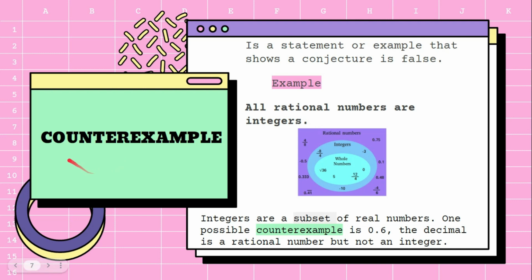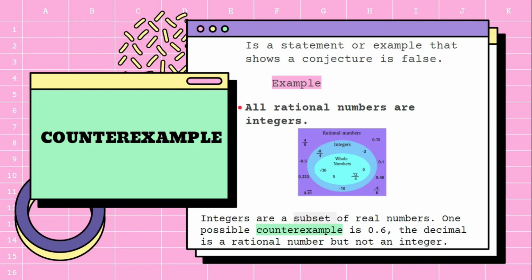And then we have the vocabulary word counterexample. A counterexample is an example that opposes or contradicts a statement or conclusion. So for example, the statement, all rational numbers are integers.